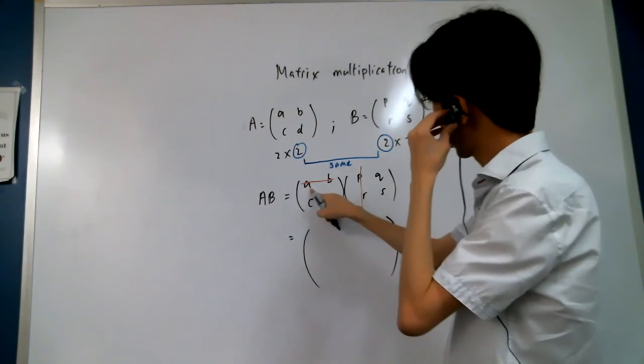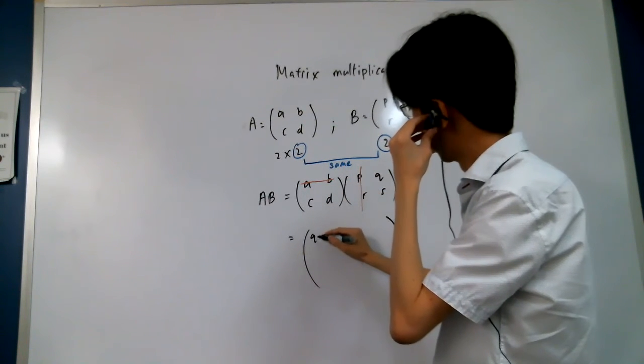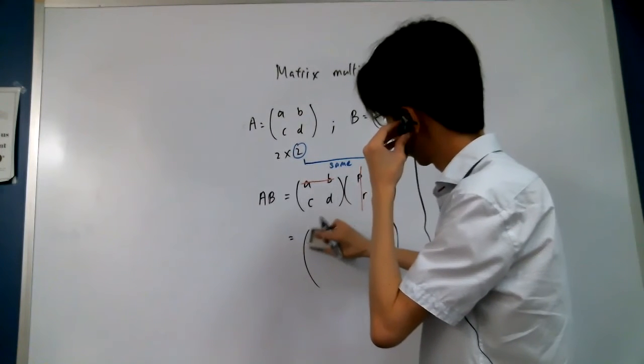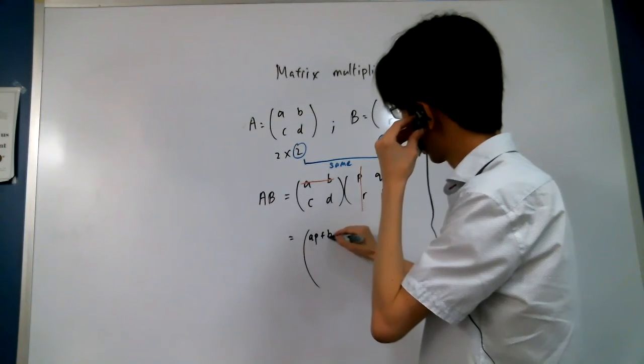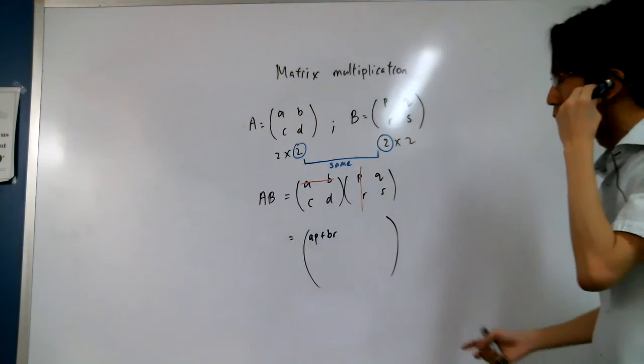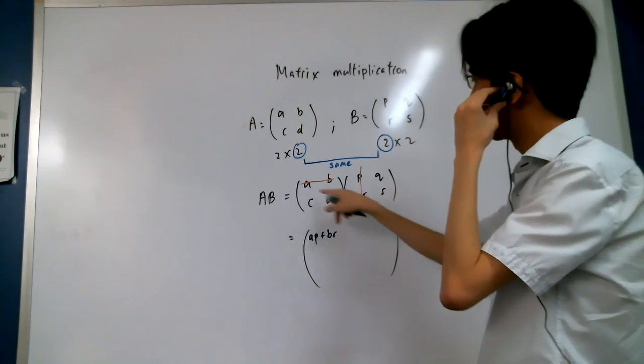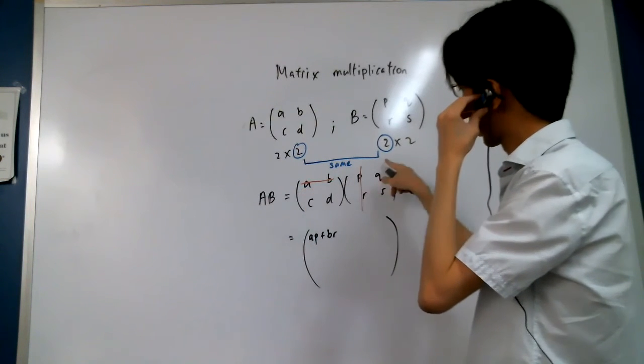So you take A times P plus B times R. Okay, once you're done with first row, first column, you can carry out first row, second column.